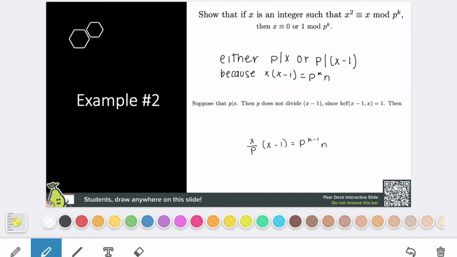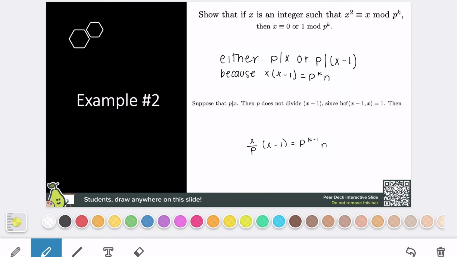Okay, so for example number 2, we have x an integer such that x squared is congruent to x mod p to the k power. Then x is congruent to 0 or 1 mod p to the k power. So we have x squared congruent to x mod p to the power of k. Then x squared minus x is equal to p to the power of k times n.